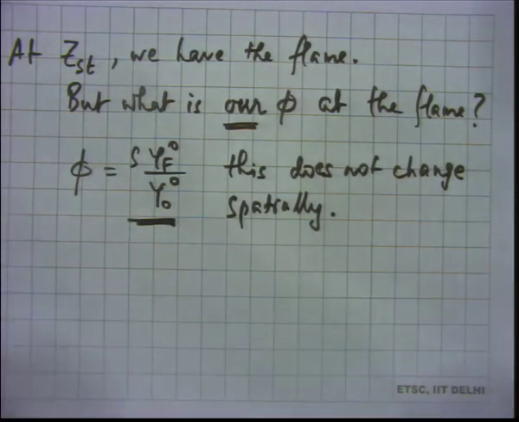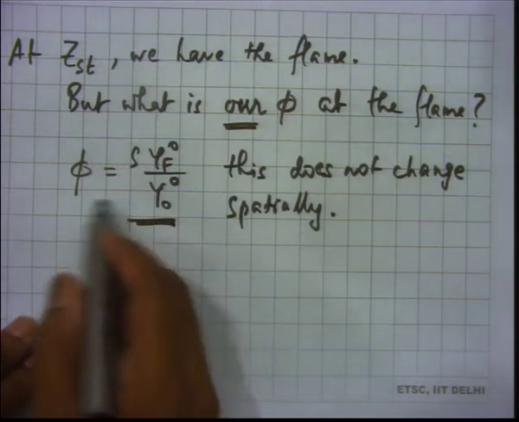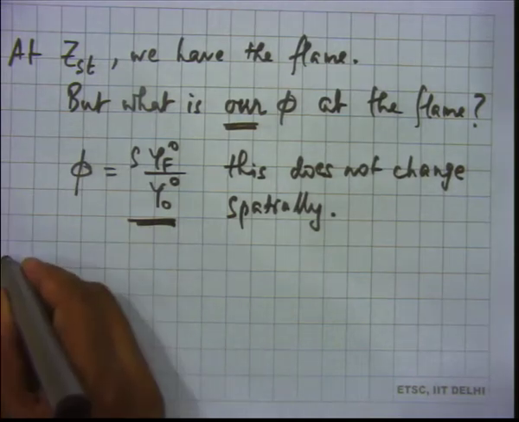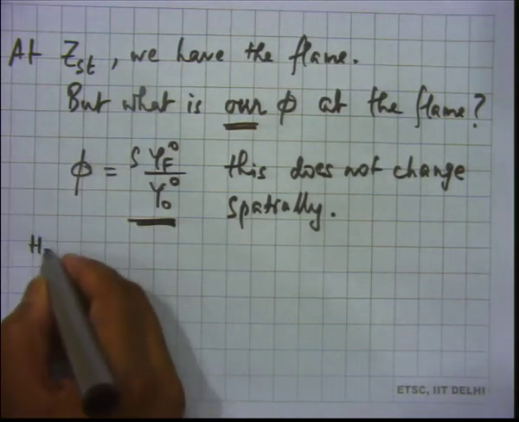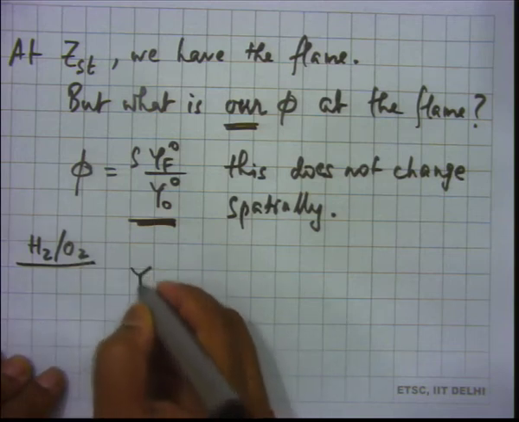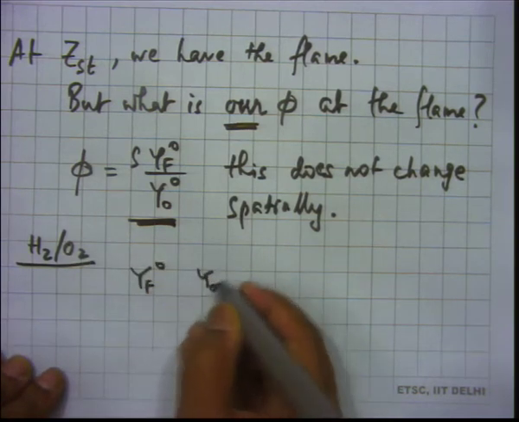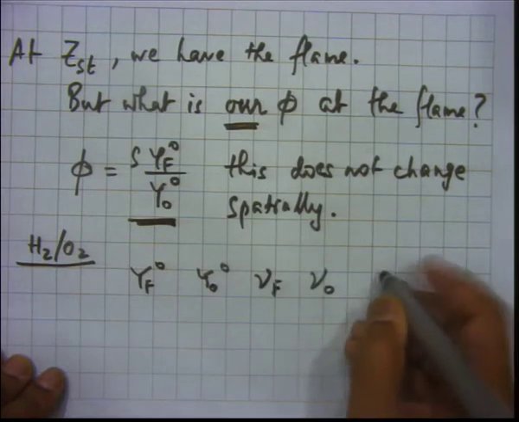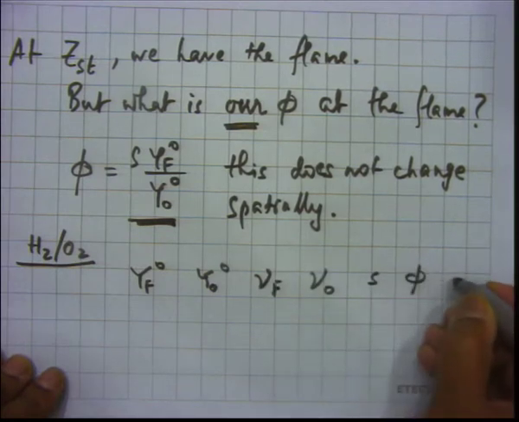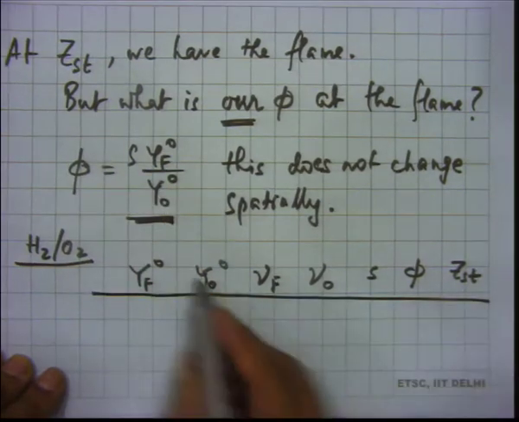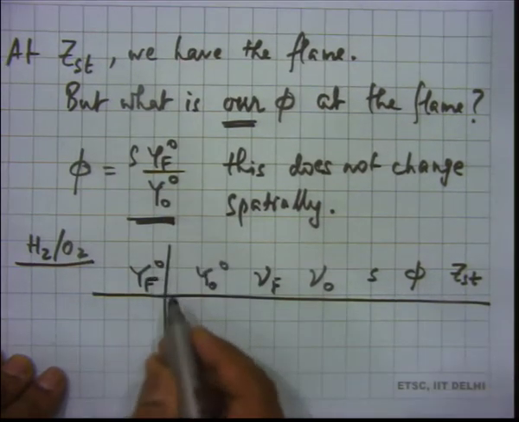Again, this will be clear that phi is a fixed number. This will be clear if we take the hydrogen oxygen example again. So, we can have these things here. YF naught, let us say YF naught is equal to 1.